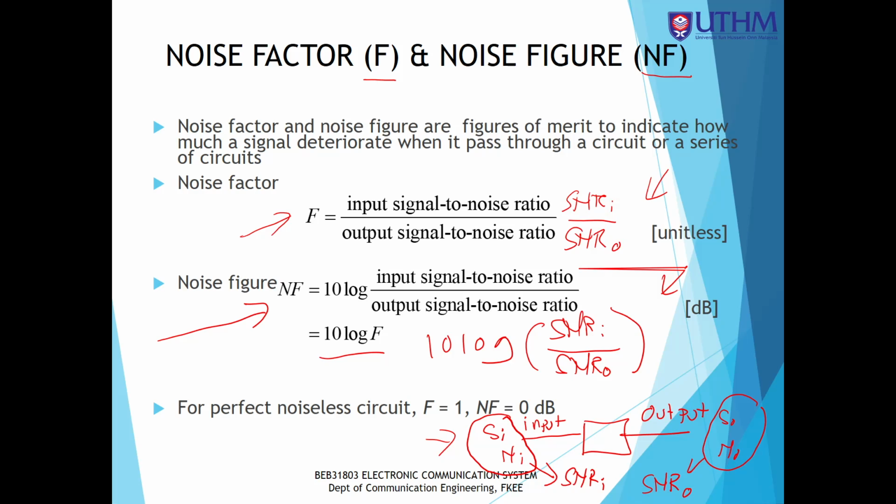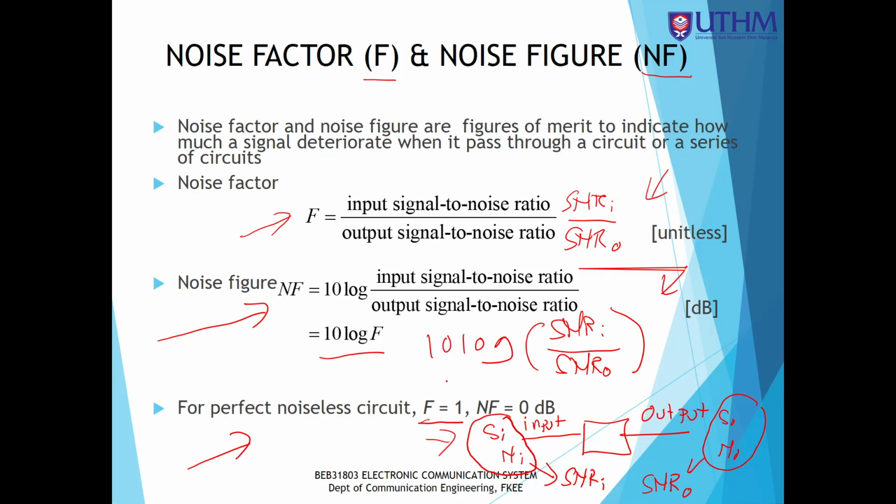Okay, and then dikatakan di sini class, for a perfect noiseless circuit, F equal to 1, where NF is equal to 0 dB. Untuk perfect case yang mana tidak ada noise langsung dalam sistem, F adalah bersamaan dengan 1.